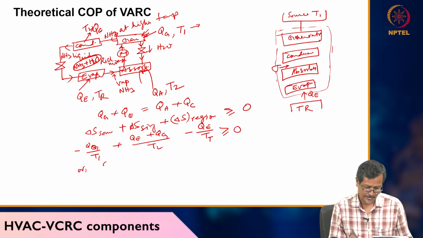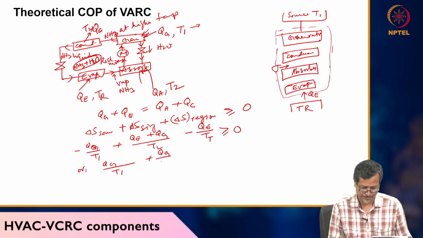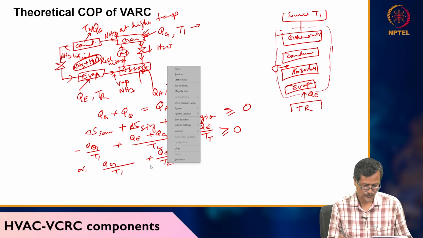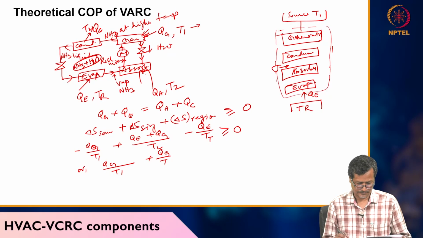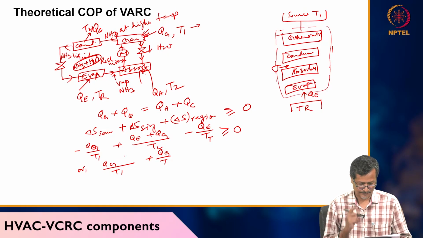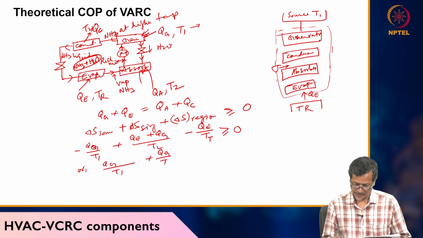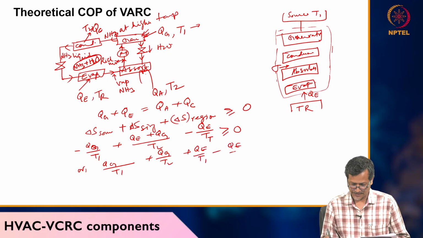So Qg by T1 plus Qg by T2 plus QE by T1 minus QE by TR.